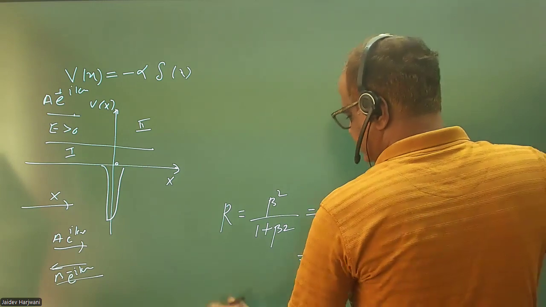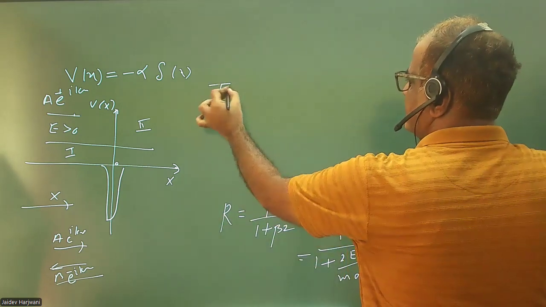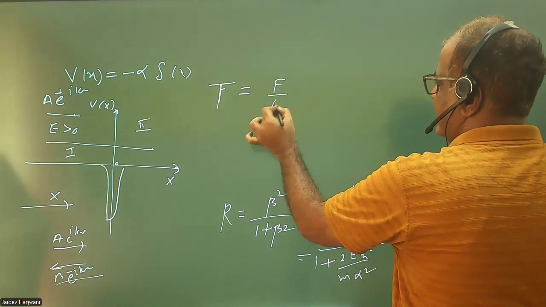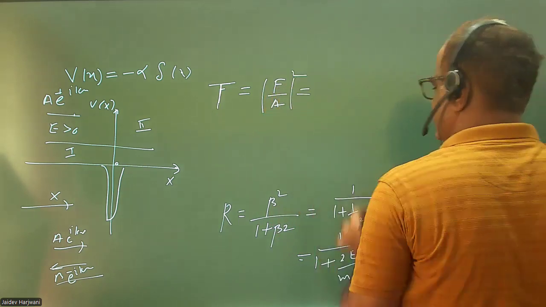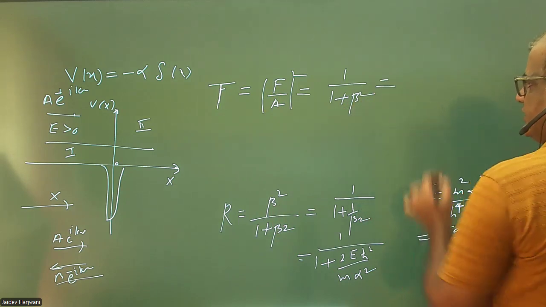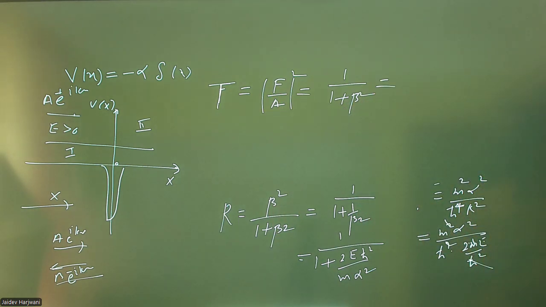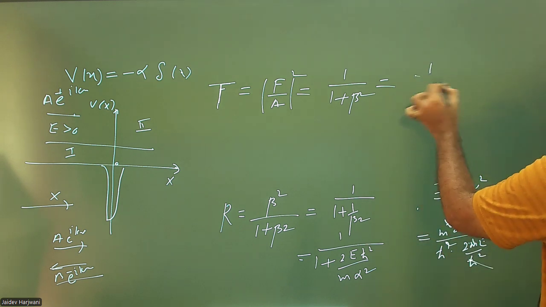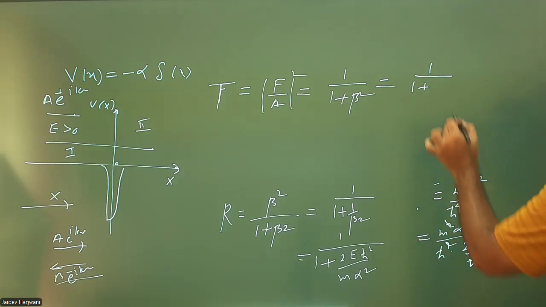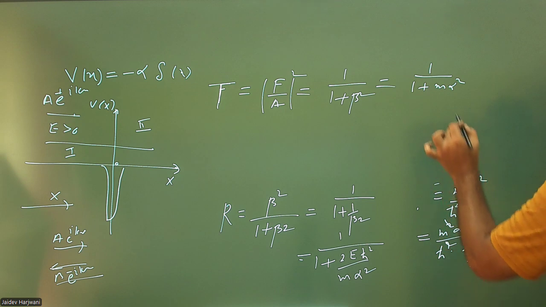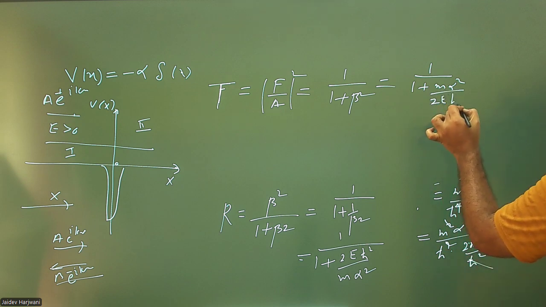Now similarly, we can find the transmission coefficient. The transmission coefficient is equal to f upon a, mod square, which is equal to 1 upon 1 plus beta square, because f upon a is 1 upon 1 minus iota beta, and beta we have already: m alpha square upon 2E h cut square.